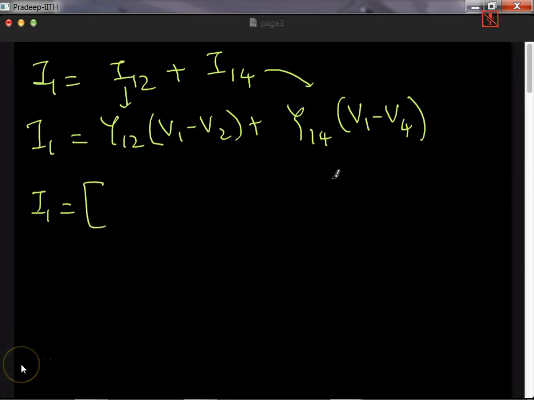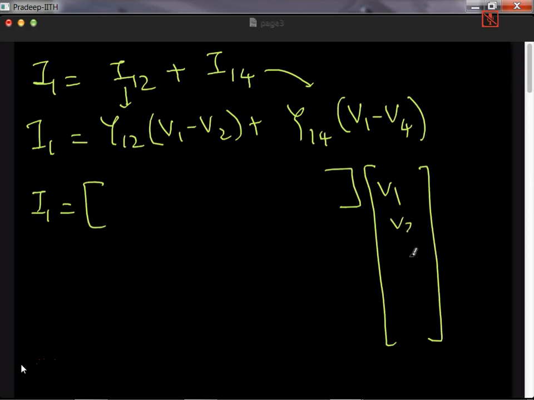So I'll write it as a row multiplied by column. So V1, V2, V3, V4. So in this expression, there could be 4. So this is 1 row, 4 columns. This is 4 rows, 1 column. 1 by 1, that is an individual number, what is I1. Now in this entire line, V3 is not there. So the third element I'll put 0, because 0 into V3 will eliminate V3.